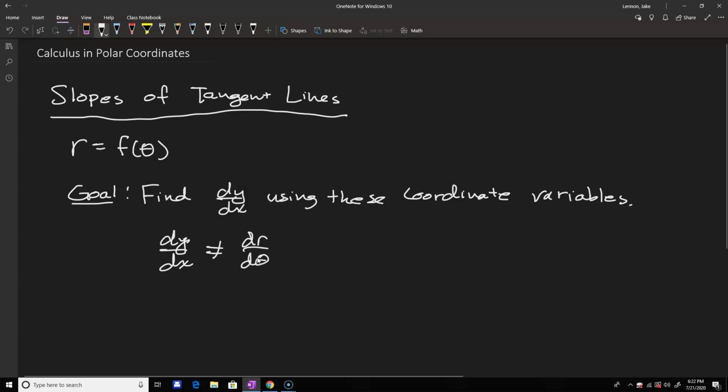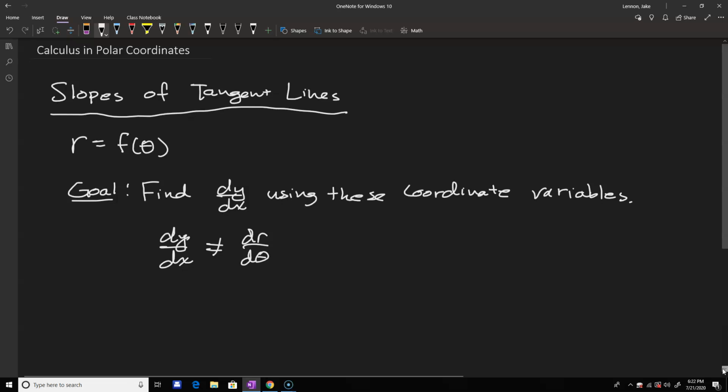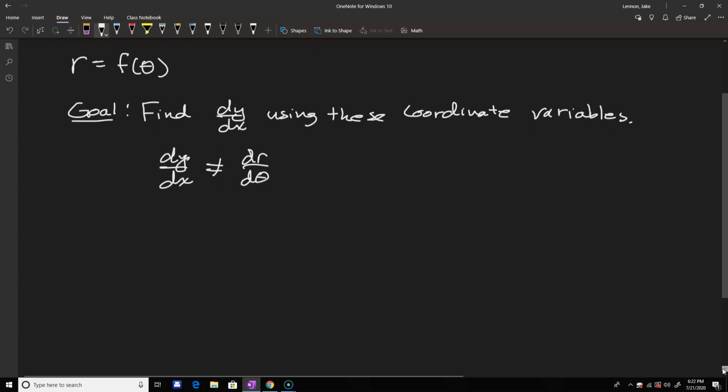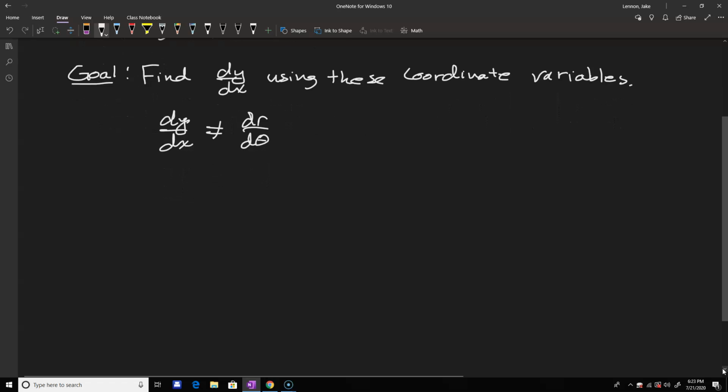So let's go back to how the coordinates themselves were related, and maybe we can figure out the derivative from there. So basically we have x is r times the cosine of theta, and we also have that y is r times the sine of theta.